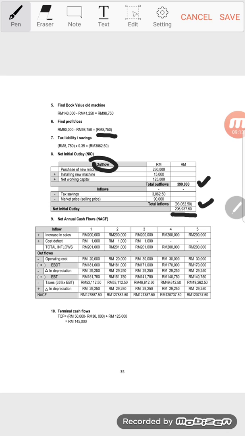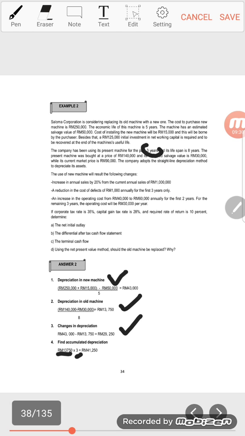Because the information under inflows and outflows given in the question is not consistent. If you look at the information in paragraph 3, the use of the new machine will result in the following changes. The first one is an increase in annual sales by 20% from the current annual sales of 1 million ringgit.